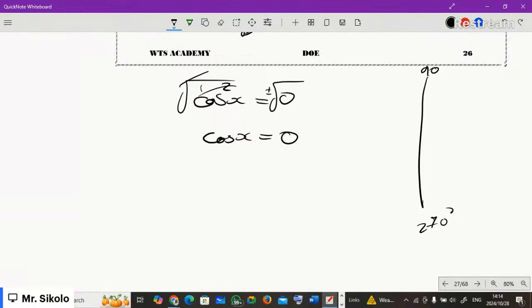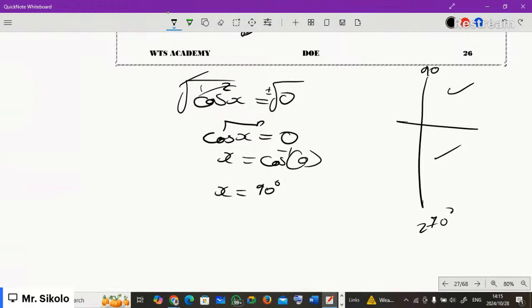Okay, so now if we assume that cos is positive, that means sizothi ke ngoku cos kweyiphi quadrant is either ku first quadrant or ku third quadrant, positive quadrant. So sifune i-reference angle, si-transpose cos, will have x is equal to arc cos 0, which for the calculator akunika 90 degrees. We can prove it.